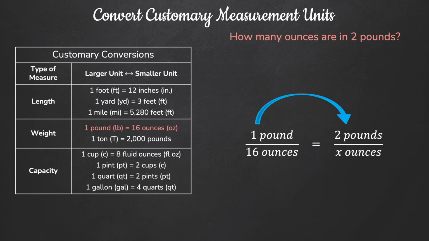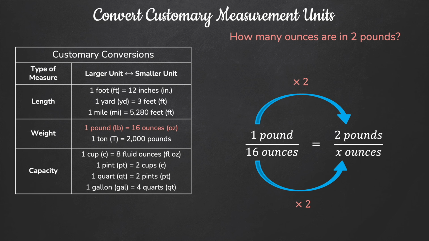And we know that 1 times 2 is equal to 2. So in order to maintain our ratios equivalent, we're also going to multiply the denominator by 2. 16 times 2 is equal to 32. So that means that there are 32 ounces in 2 pounds.